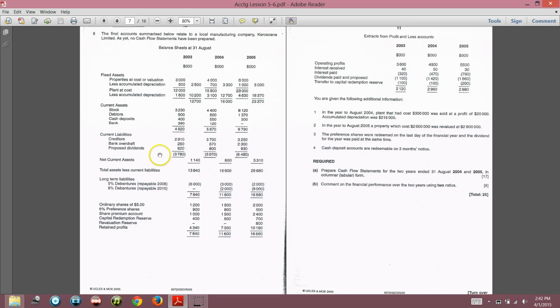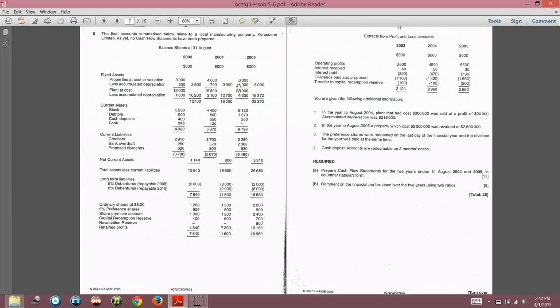So if we have paid nothing, at the beginning of the year, use your calculator, we owe them 620, plus during the year we have promised to pay them a total of 1420. Add together 620 plus 1420 equals 2040.